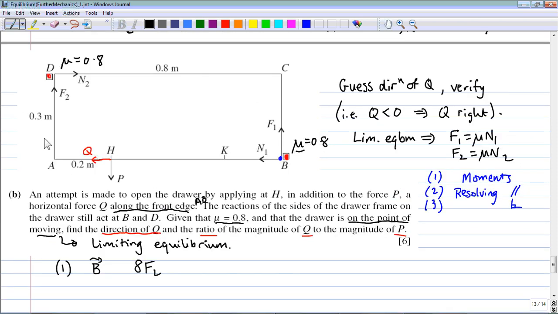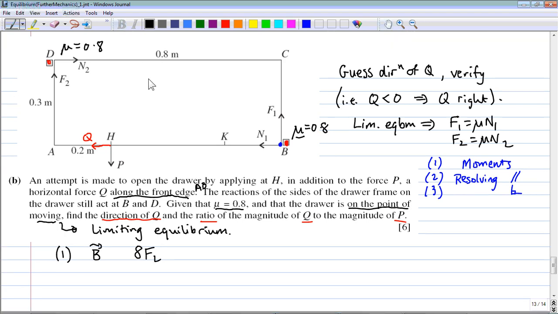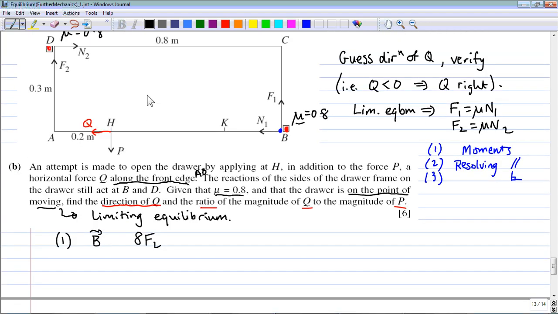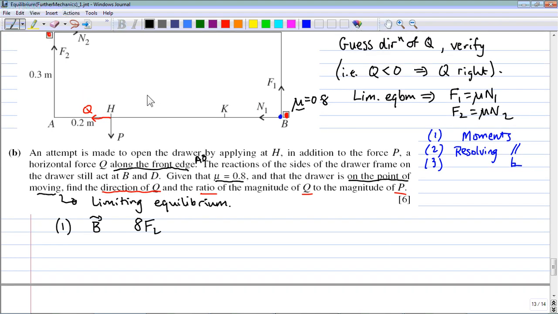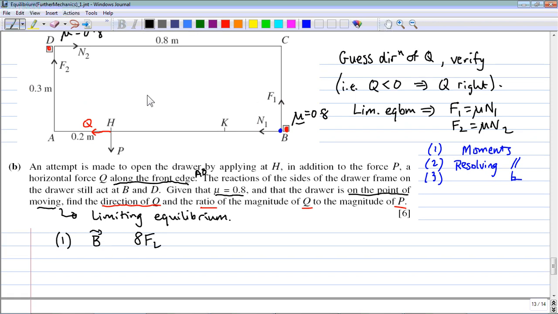I don't want to use decimal places. So yeah, 8 times F2 plus 3 times N2, I better leave the diagram visible, those are the clockwise moments, is equal to 6 times P.